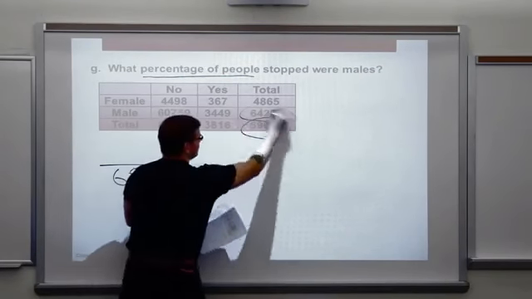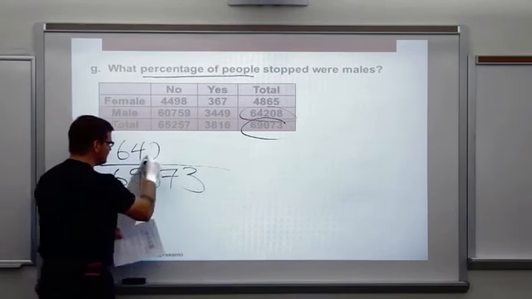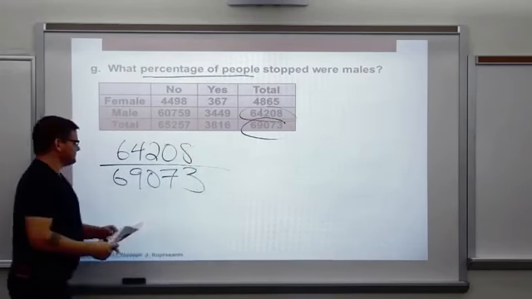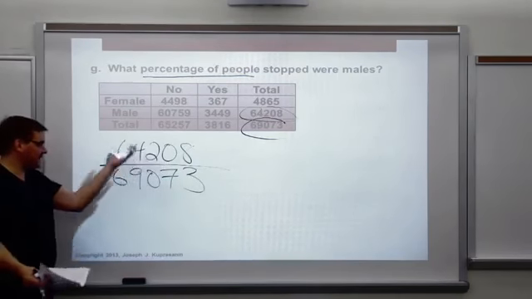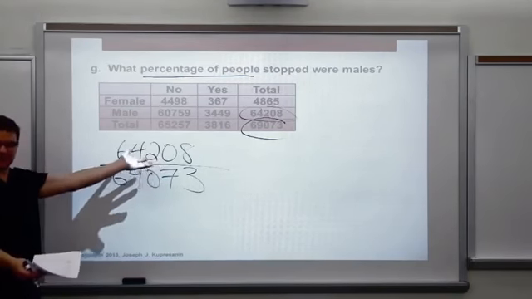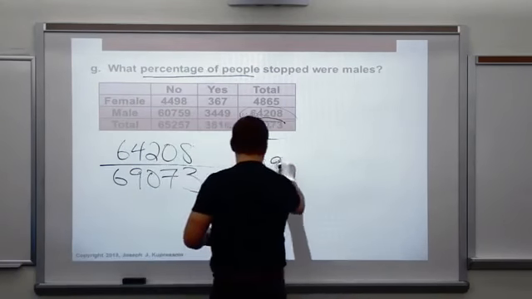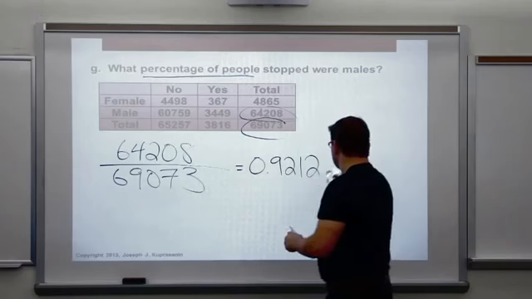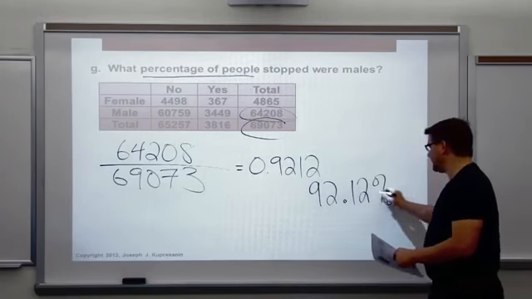Well, just about all of them, right? 64,208. It's no surprise this is not close to 50-50. A vast majority of people getting questioned by police are males. And that's about 92%. 0.9212, 92.12%.